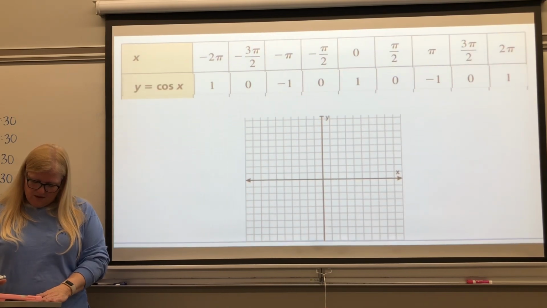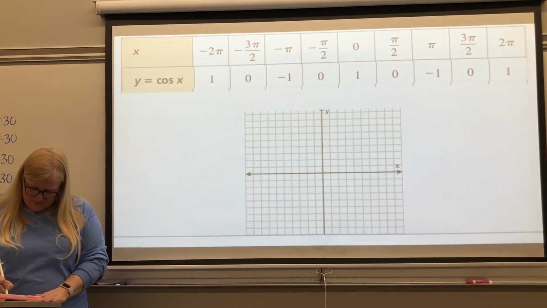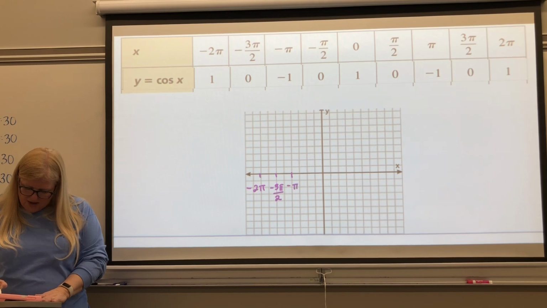So we come back over here. We're going to do the same thing. I'm going to do negative 2 pi, negative 3 pi over 2, negative pi over 2, 0, pi over 2, pi, 3 pi over 2, and 2 pi.